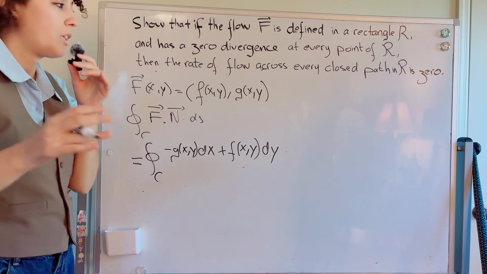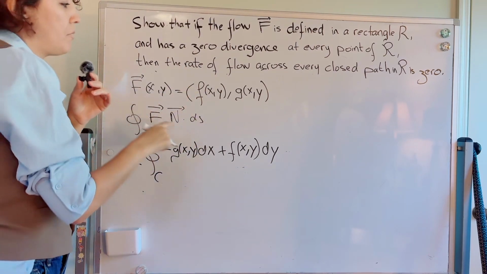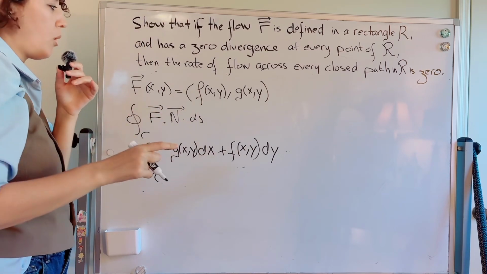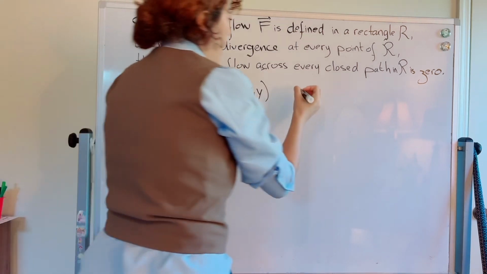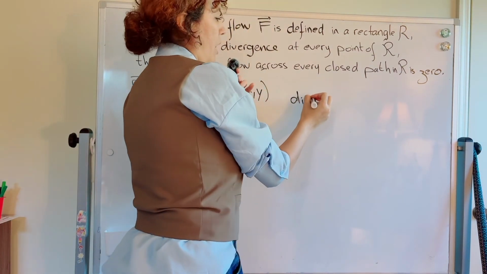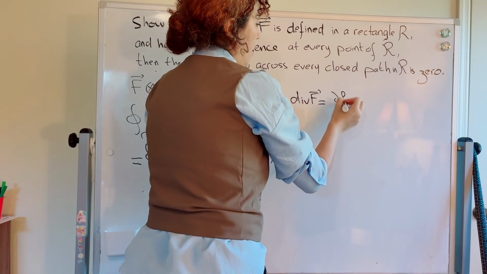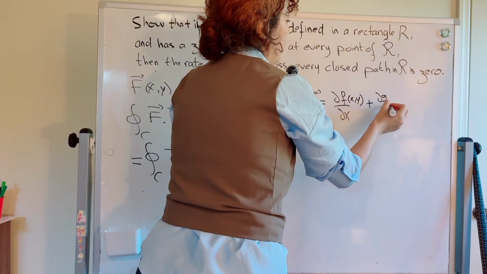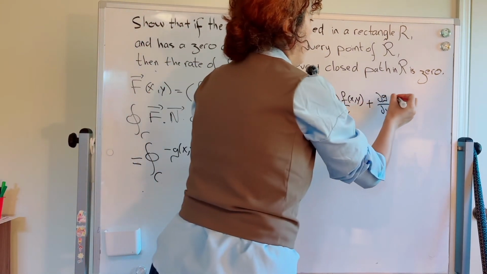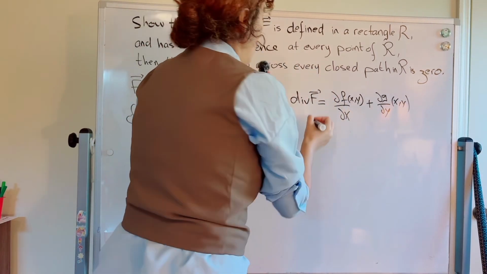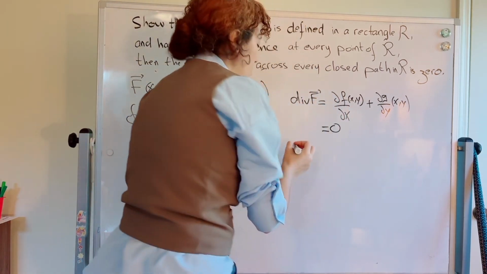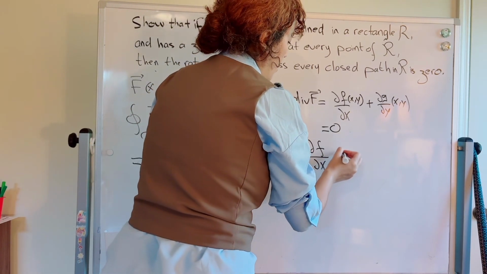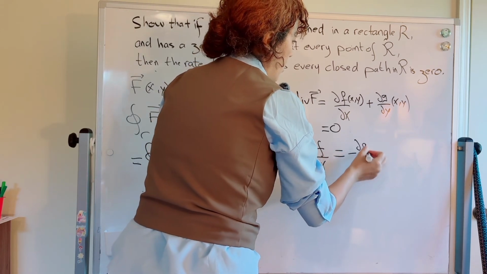By hypothesis, the vector field F defined in a rectangle R has divergence 0. What does that mean? The divergence of F is defined as dF/dx plus dG/dy, and we have this equal to 0, which means that dF/dx is equal to negative dG/dy.